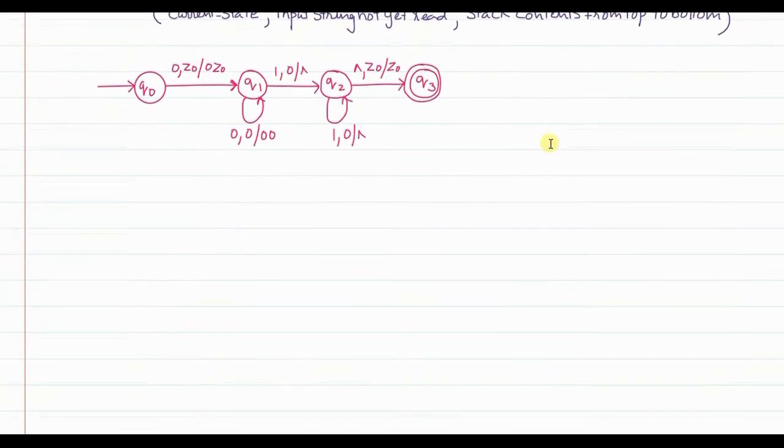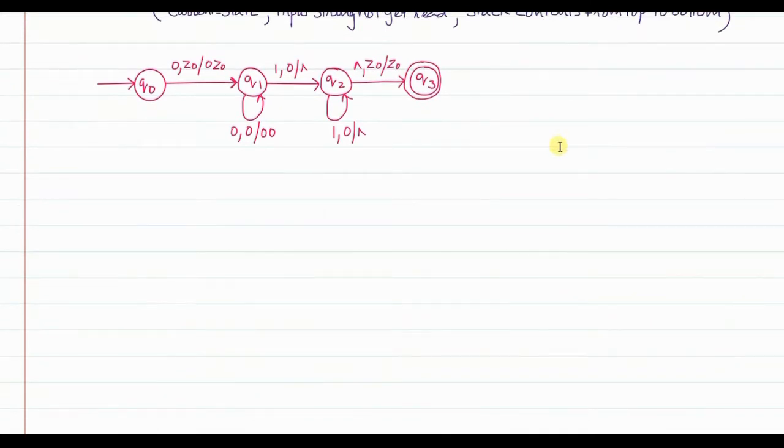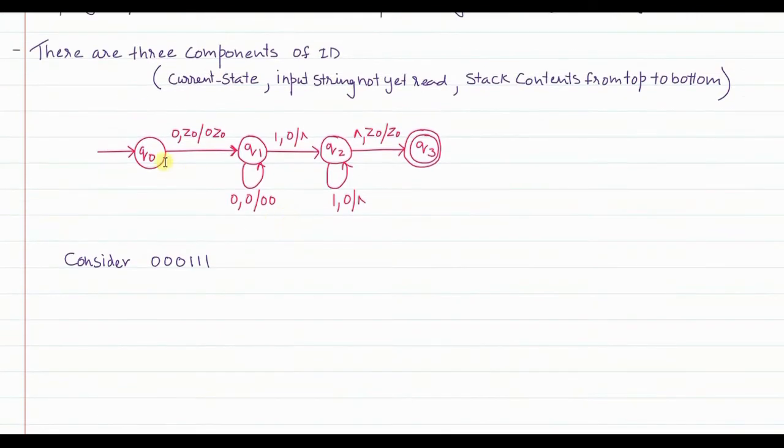For example, consider the string 0 0 0 1 1 1. This is the string given to us, and we need to find out whether it is accepted or rejected by the PDA.